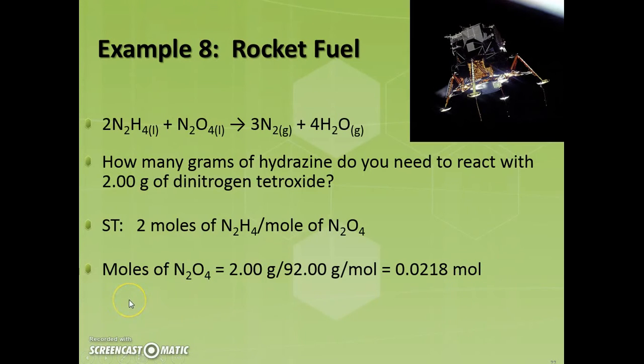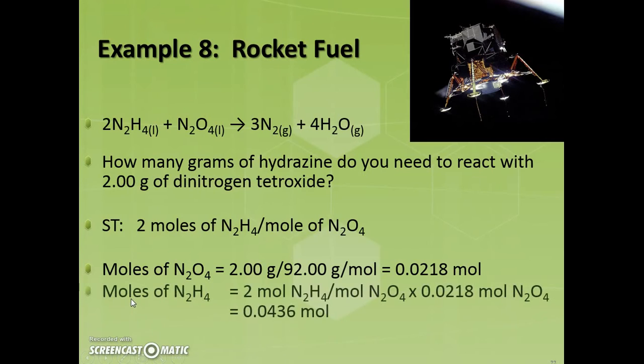The center of the slingshot means we need to multiply by the stoichiometry term. So, 2 moles of hydrazine for every 1 mole of dinitrogen tetroxide times the number of moles of dinitrogen tetroxide. Notice that moles of dinitrogen tetroxide cancels and we're left with moles of hydrazine.